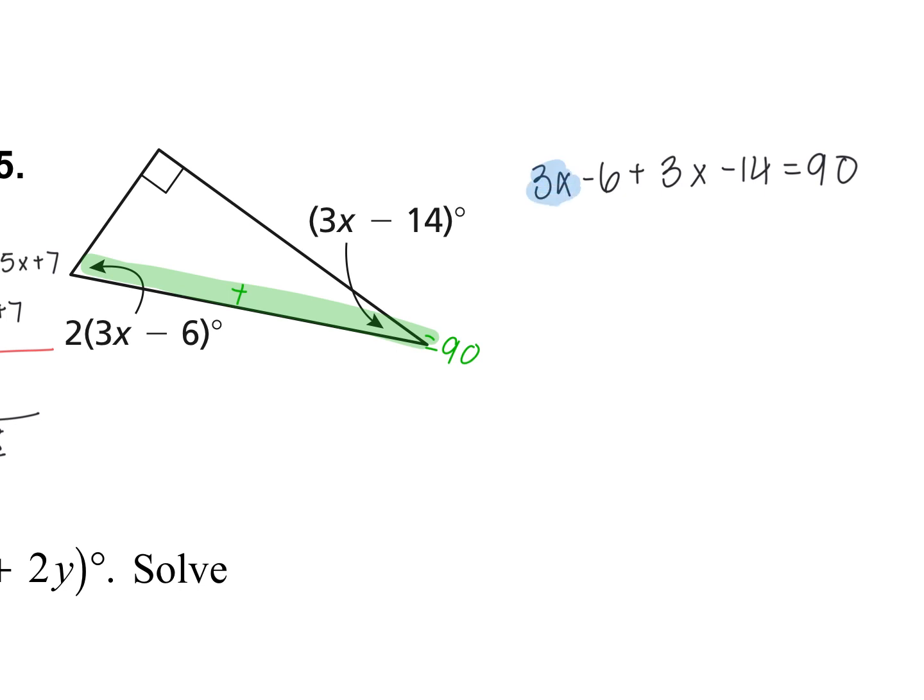I have my x's with the sign to the left and my constants. So I have 6x minus 20 equals 90.